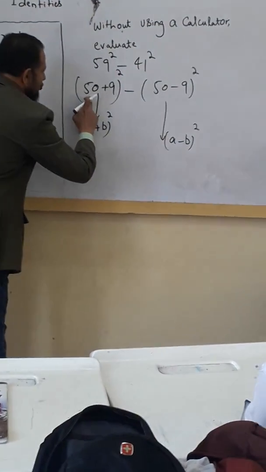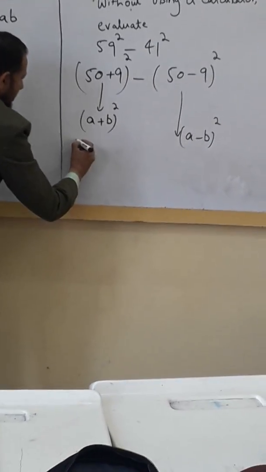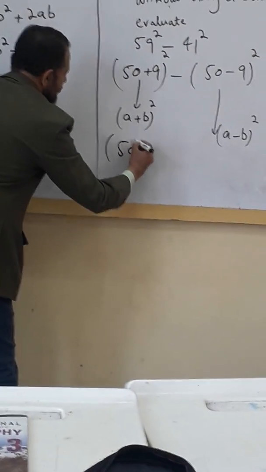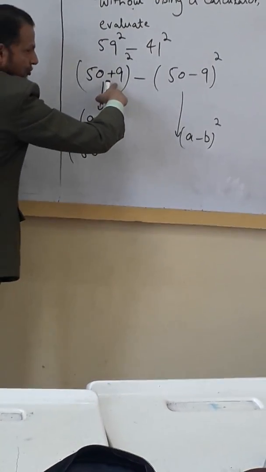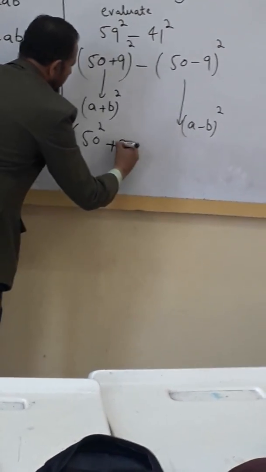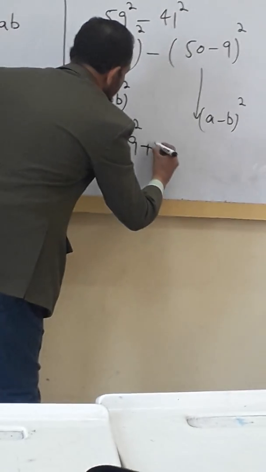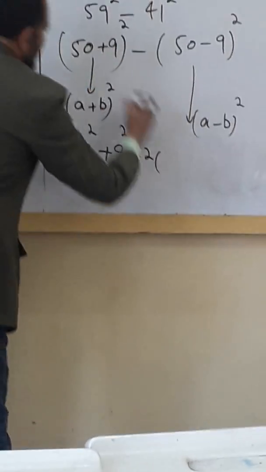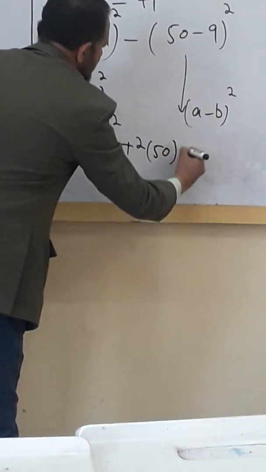This is going to be a power 2, which is 50 power 2. This is going to be b power 2, which is 9 power 2. And then the product 2ab, which means twice a, which is 50, and b, which is 9.